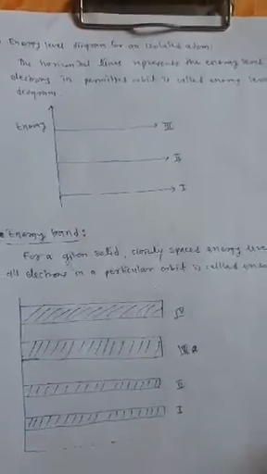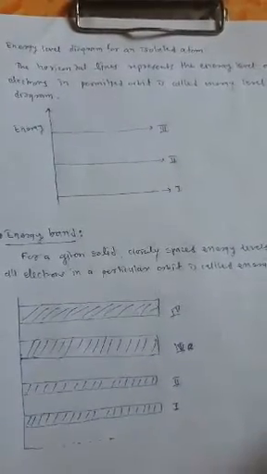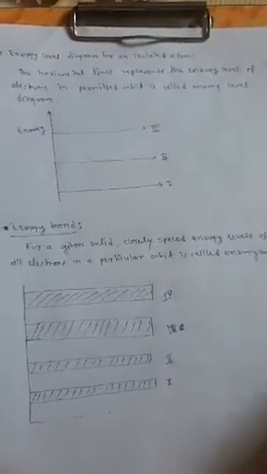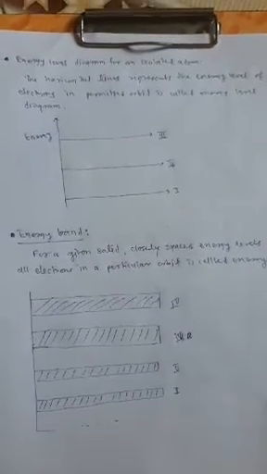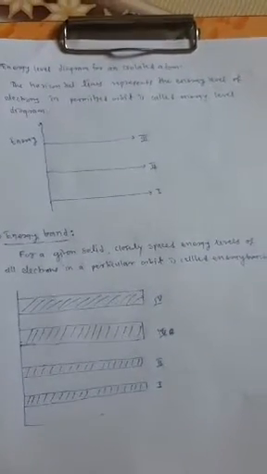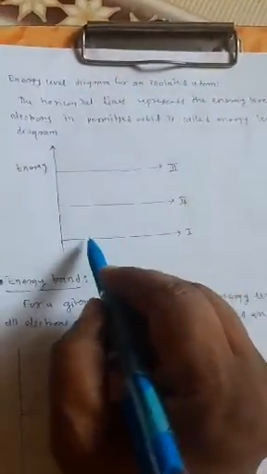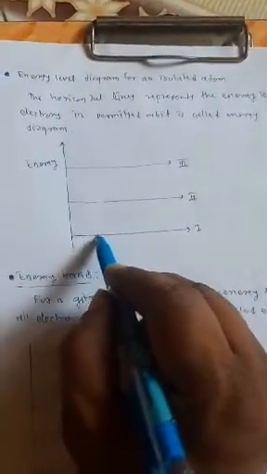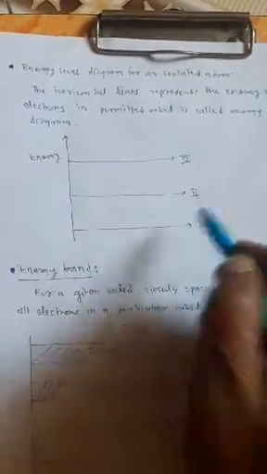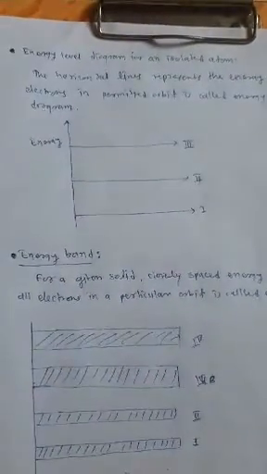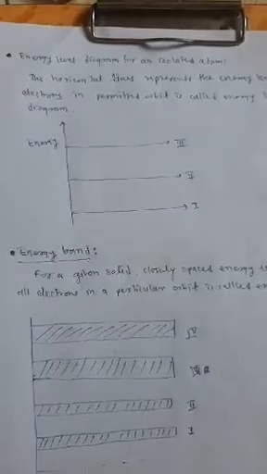Means for a given solid, the closely spaced energy levels of all electrons in a particular orbit is called an energy band. It is the range of energy possessed by the electrons in the first orbit in the solid. It is known as the energy band.